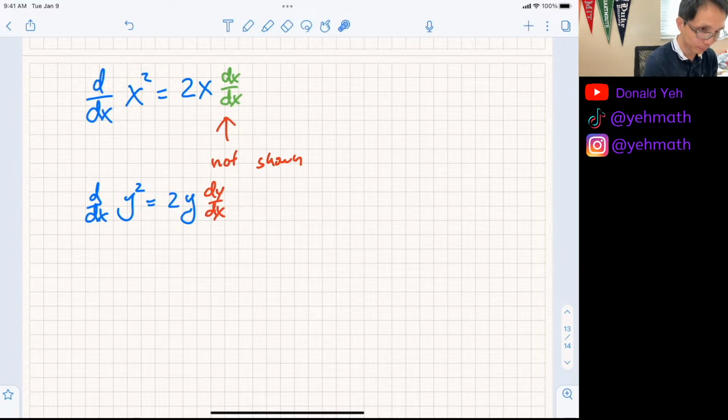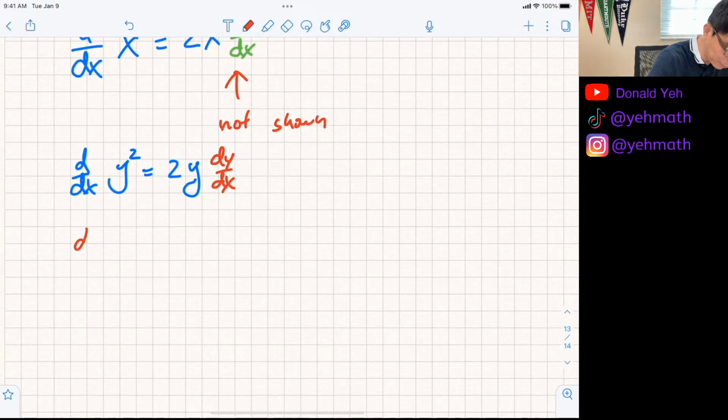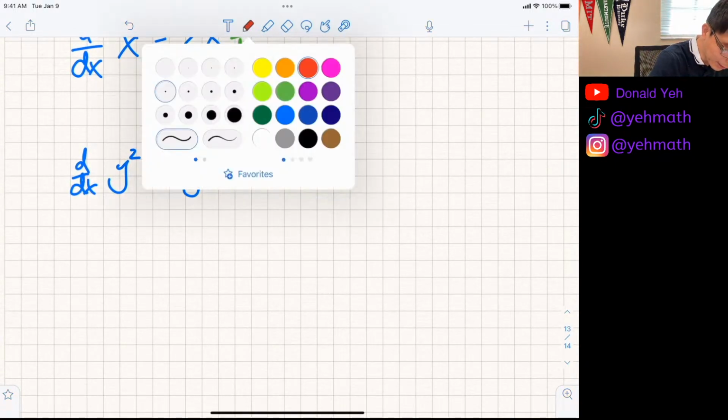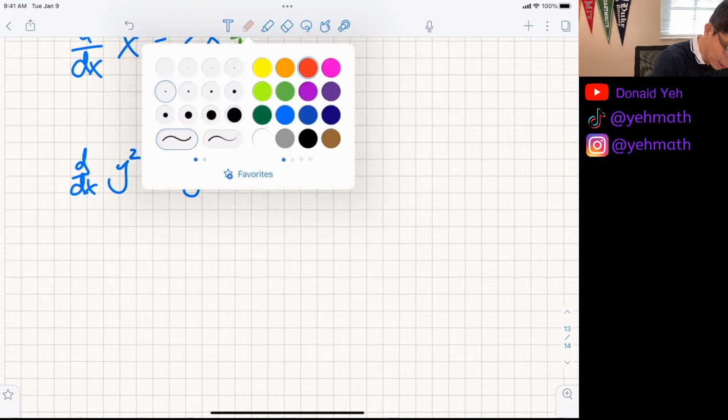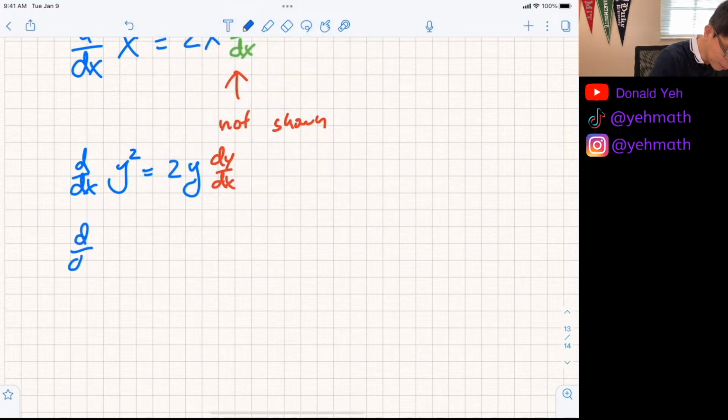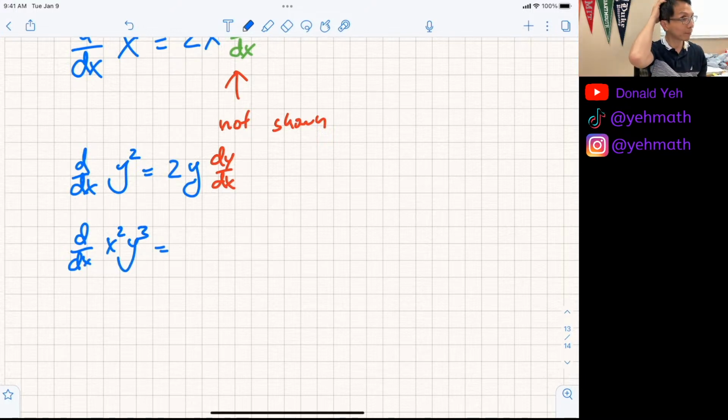Okay, that's very important. Now, what happens if I take a derivative of something like this? Let's say d/dx of x squared y to the third. What do you see here before I do it? What kind of rule do I have to engage? Product rule, good. And there is actually a hidden chain rule, because the x squared is actually 2x dx over dx, right? But we're just going to stick with the product rule.